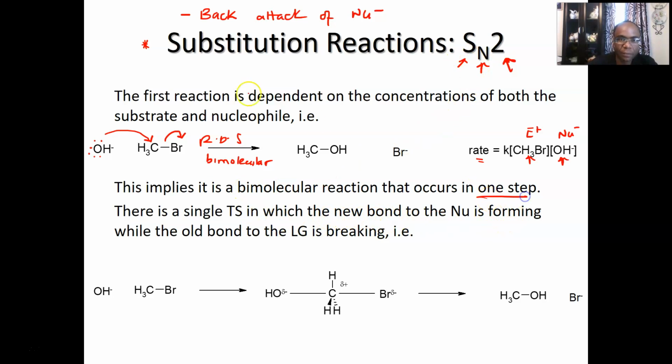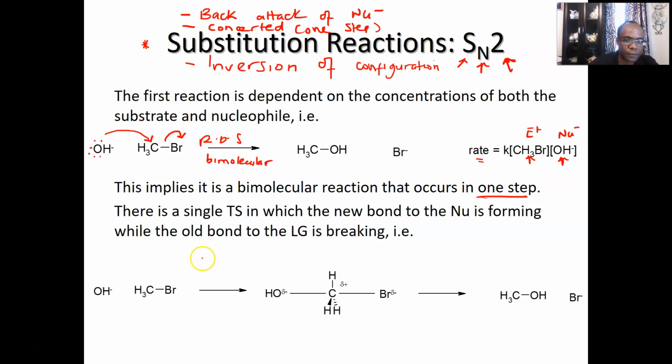And it's one step. So it's back attack and it's going to be concerted. One step reaction. And then the other one, because of the back attack, we expect there's going to be inversion of configuration. We'll talk about that later.